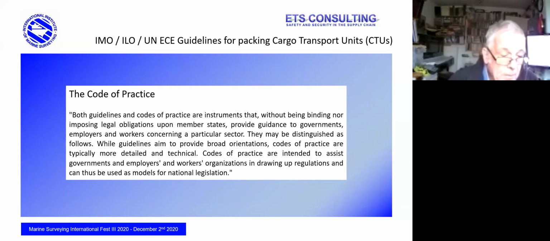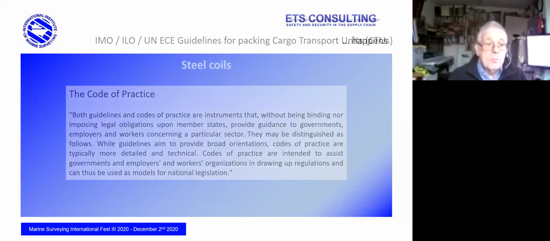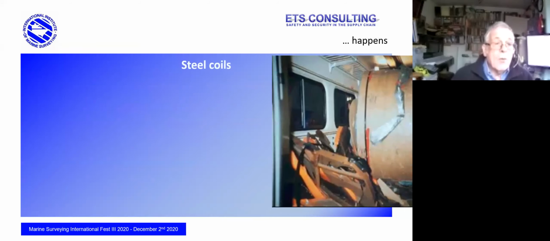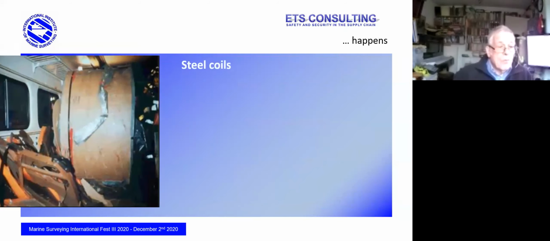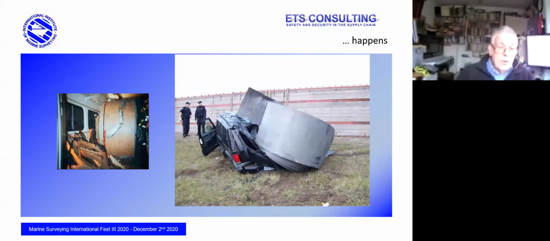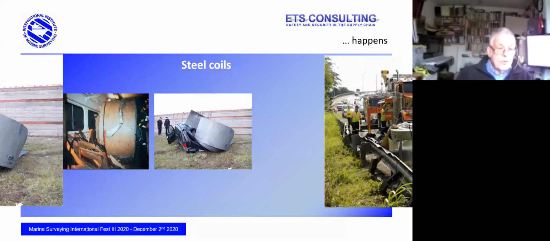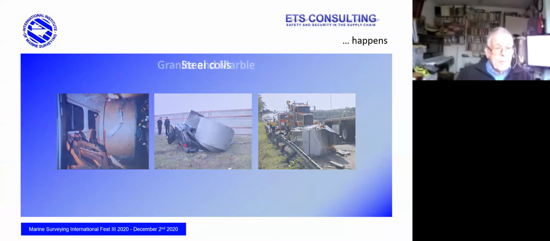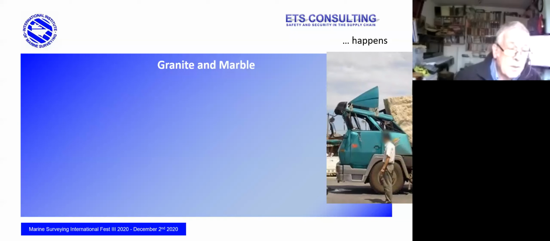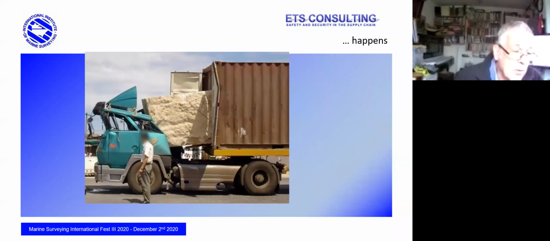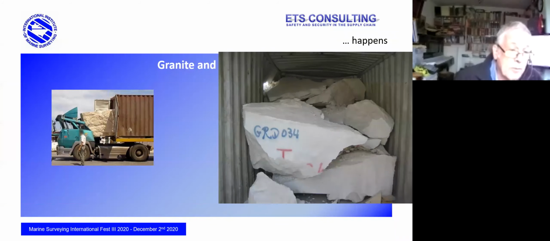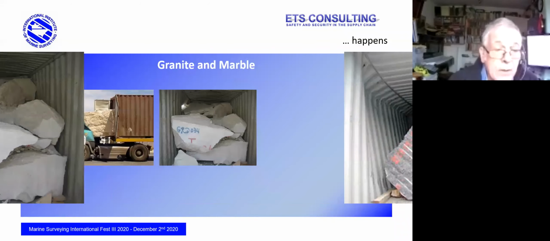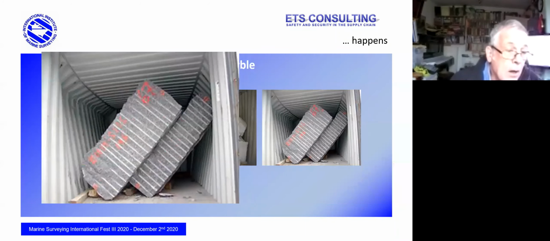So now I've got a few pictures which look at what happens when lashing and securing inside cargo transport units doesn't work. Steel collars are very popular. Granite and marble is another issue that regularly comes up just because of the density and the mass of the cargo being carried.